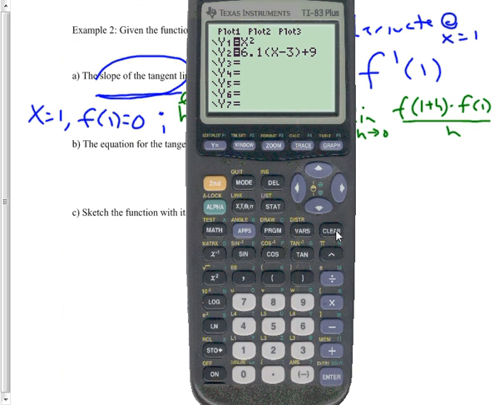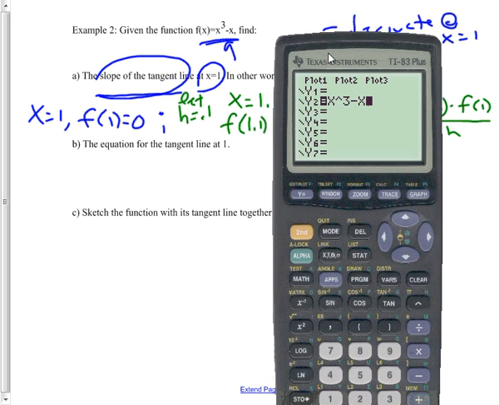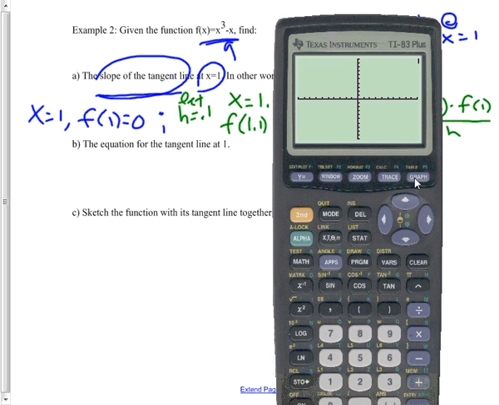So we're going to graph x cubed minus x. That's our function. And just so that we can see what it looks like.